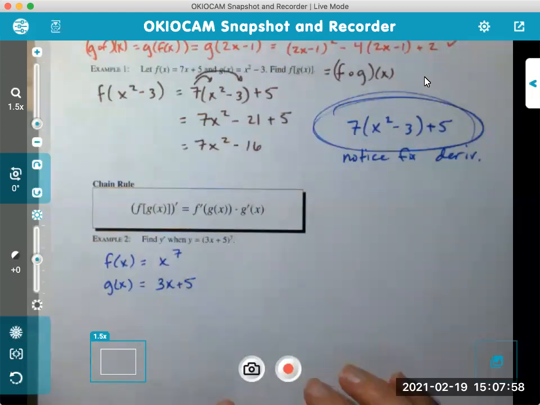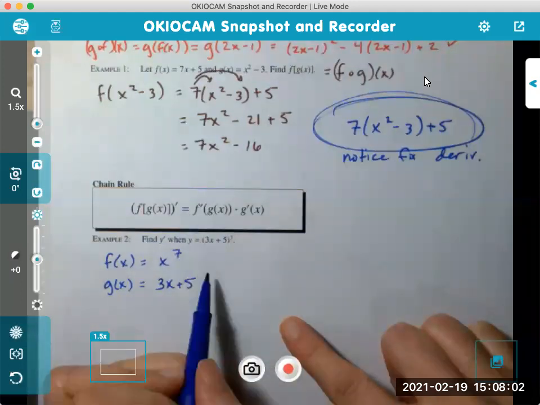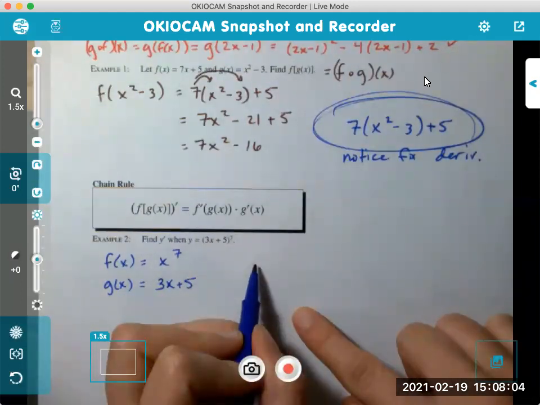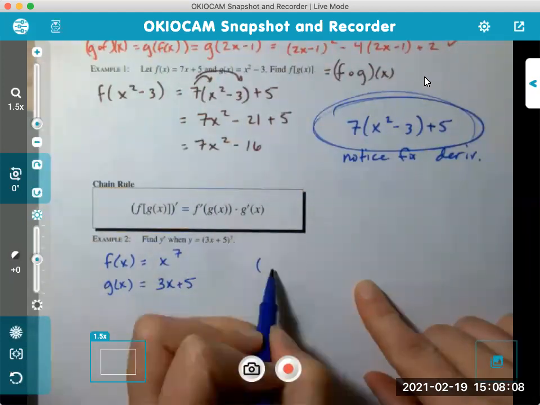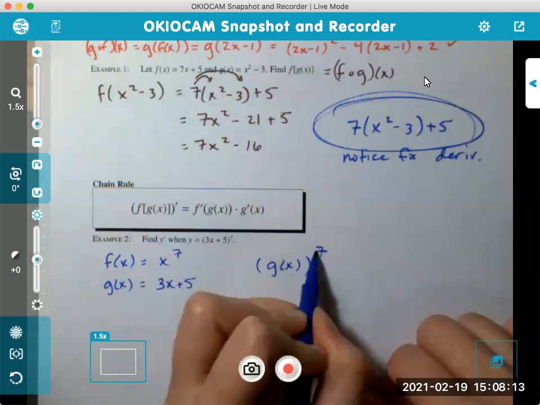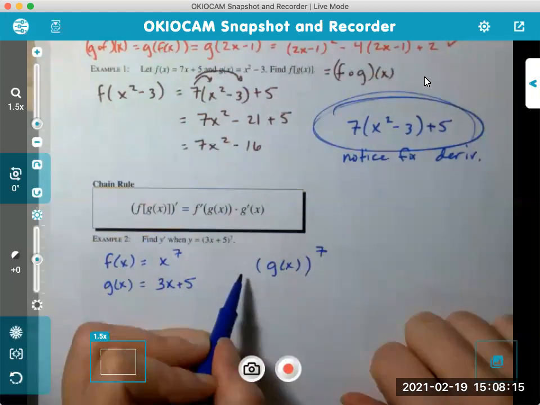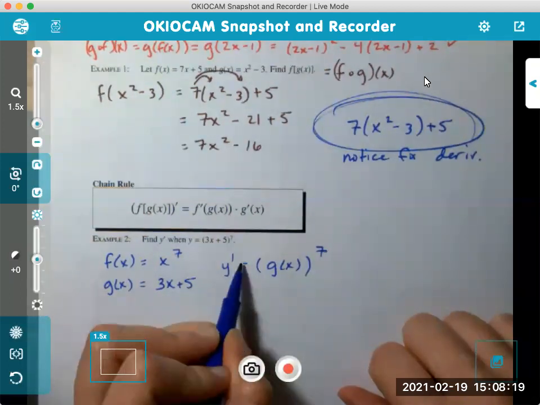So when I'm taking the derivative, it is the derivative of the outside. So suppose I've got g of x to the 7th. I'm trying to find y prime.